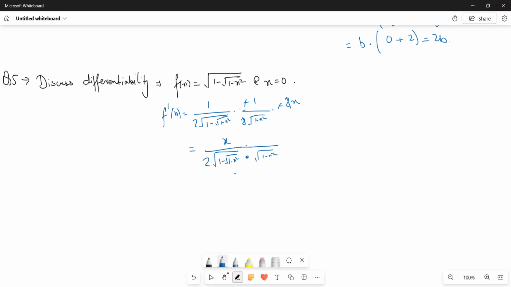Yes, sir. Now, if you plug in x equal to 0 in this, what do we get? So at x equal to 0, this would be 0, पर ये वाला entity भी 0 हो जाएगा. So the denominator is becoming 0, which means f dash x doesn't exist. Okay, f dash x is not defined.